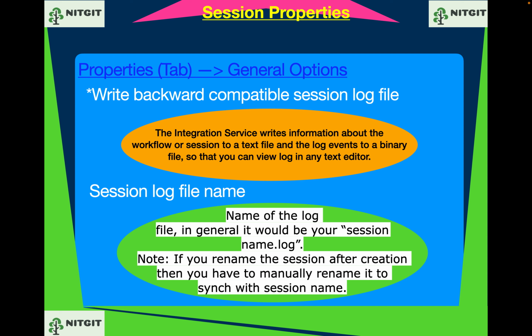If you don't check this option, you will not be able to read the log file from an outside text editor. You can still read it from the monitor session log. That's why this option is very important, so that if you want to revisit the history of the session log and understand the issues, you need this to be checked.